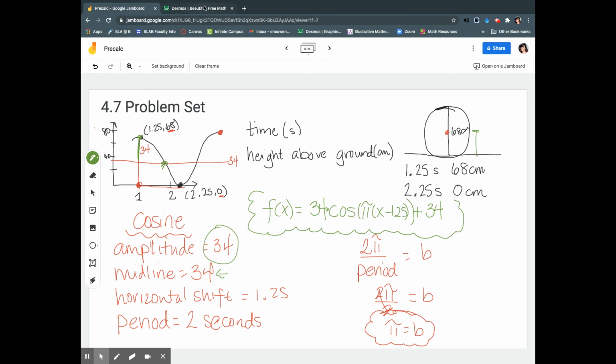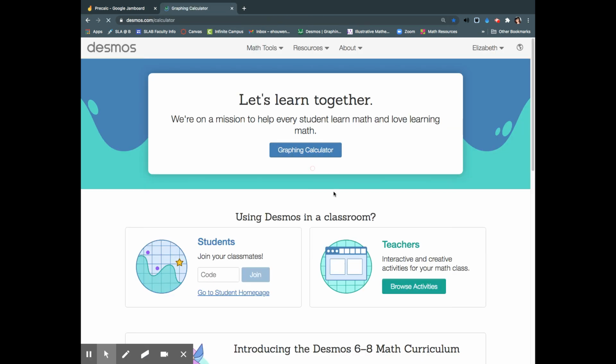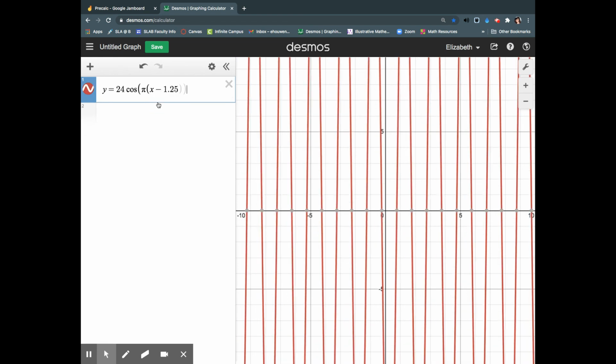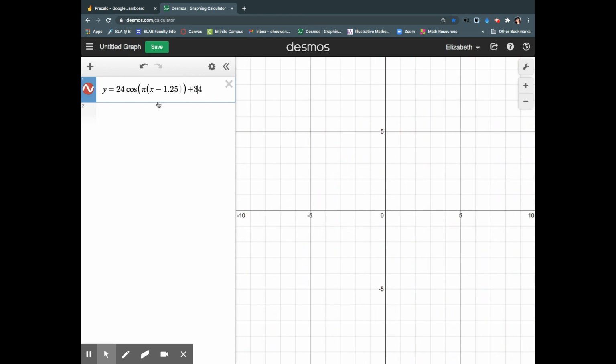The way we check that we are correct is we go to Desmos. We click the graphing calculator. We type in the equation right here, y equals 34 cosine pi times x minus 1.25, plus 34. That's a typo. Let me fix that. 34.